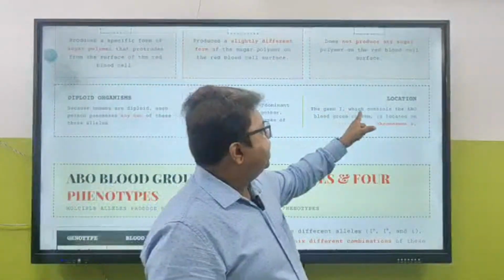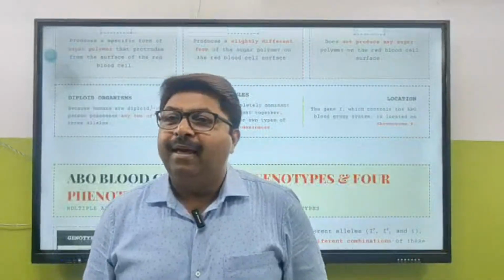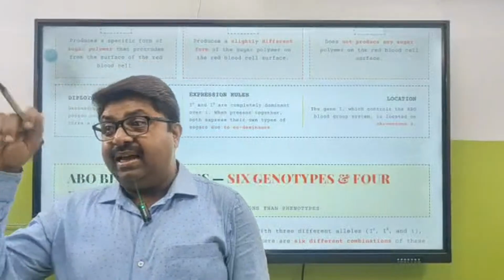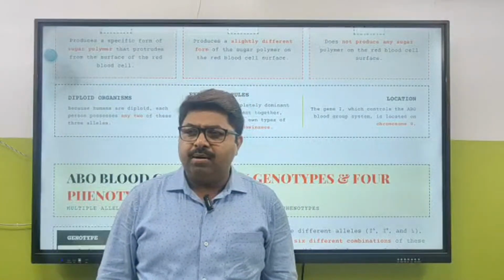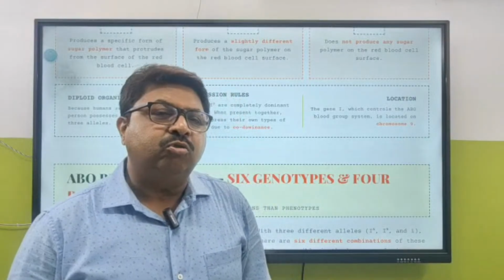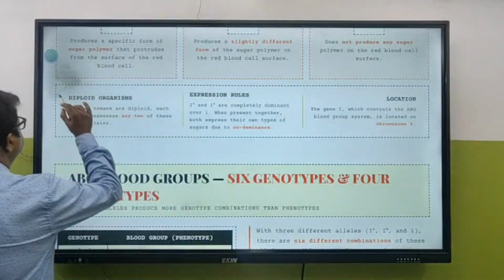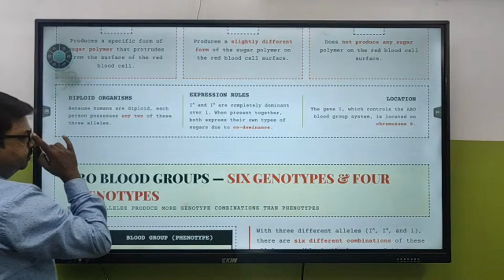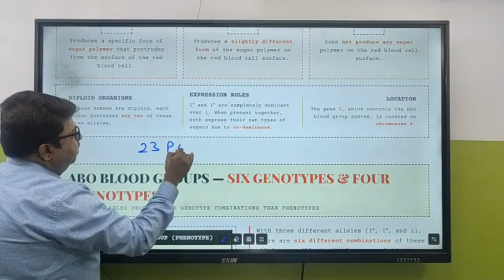Location: the gene I which controls the ABO blood grouping system is located on which chromosome? The gene I, capital I, is present on chromosome number 9. Autosome or sex chromosome? It is an autosome. How many pairs of chromosomes do we have? 23 pairs.